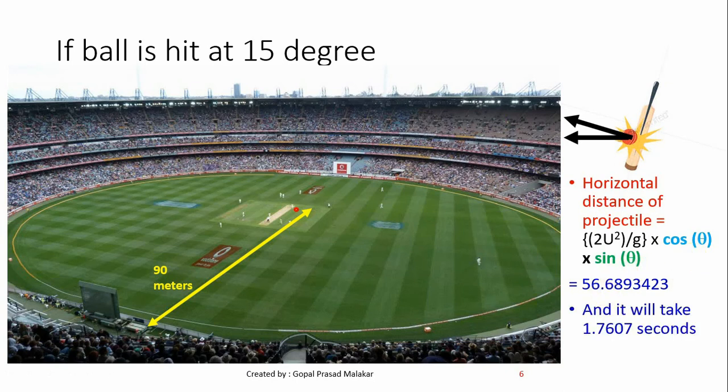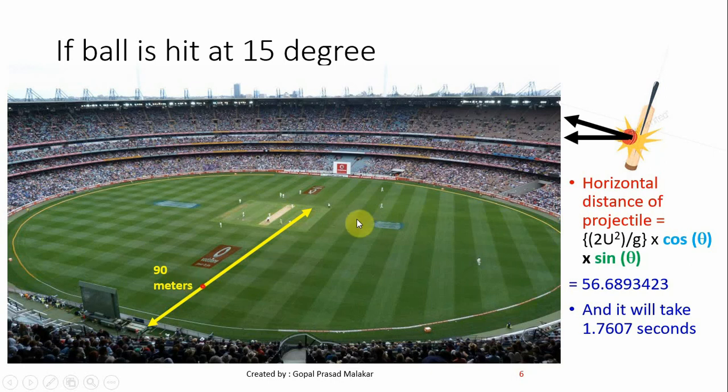And it will take 1.760 seconds, because if you recall, the total time of flight is 2u sin theta by g. So the ball will actually go like this. If you look once again, it is not going too high and it is traveling faster.